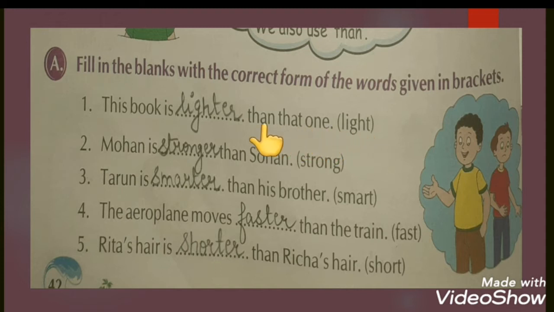So we add er to light, so it becomes lighter. Mohan is stronger. We are adding er at the back of strong, so it becomes stronger, and we are comparing here Mohan and so on. Now students, 3, 4, 5, 6, 7 and all of these you have to do on your own.